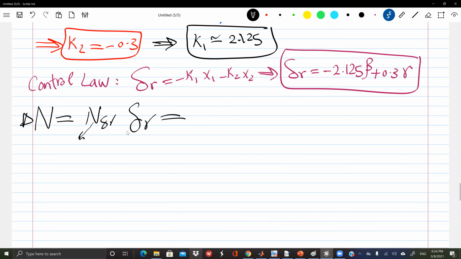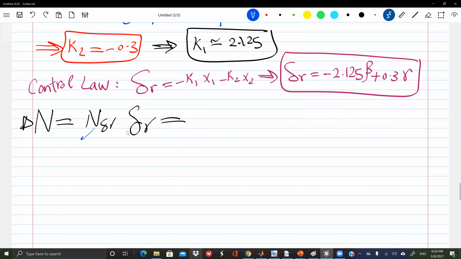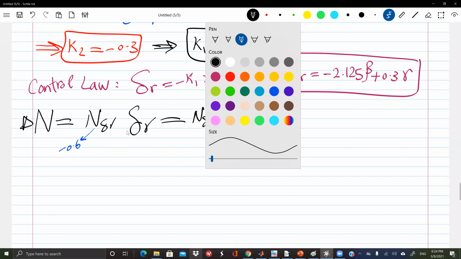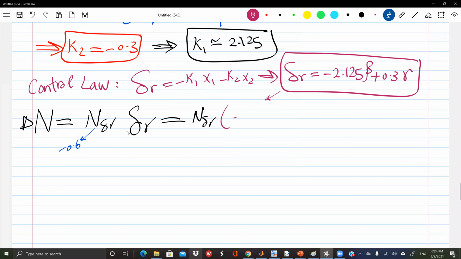Let's do the blue. So this is N delta rudder multiplying delta rudder. I'm going to substitute for delta rudder from here. So it's negative k1 times beta, negative k2 times r.